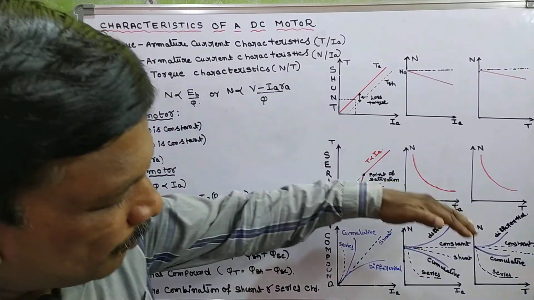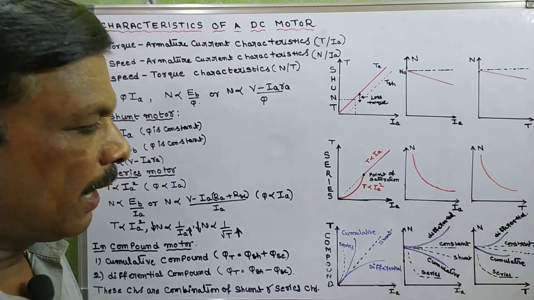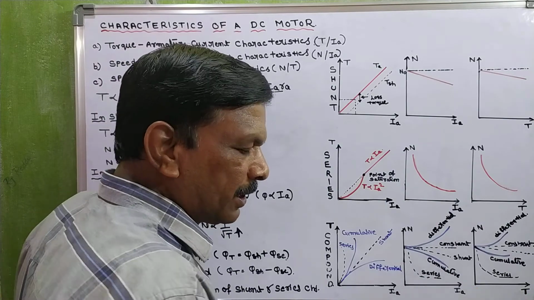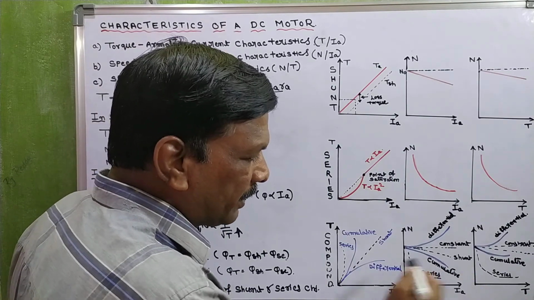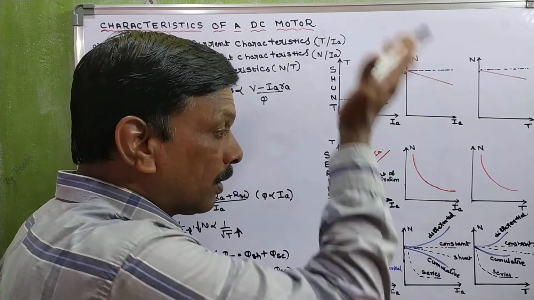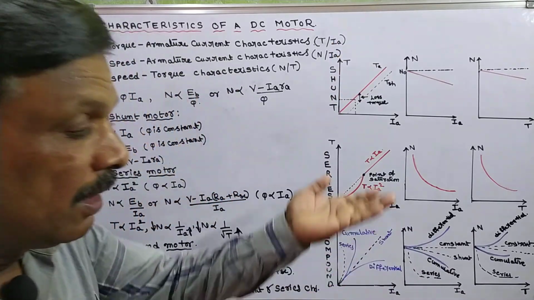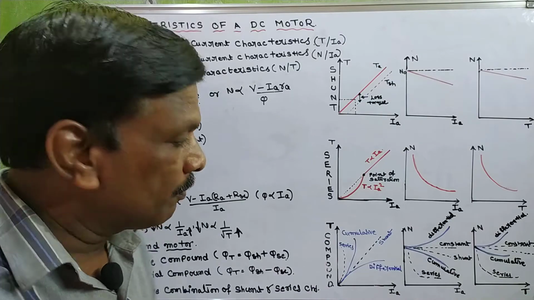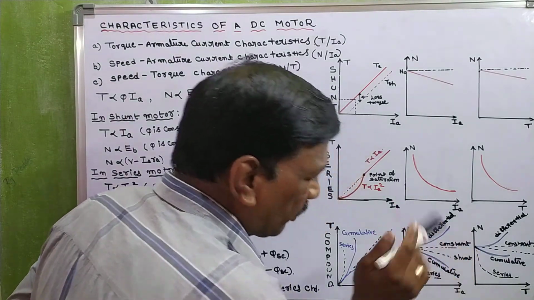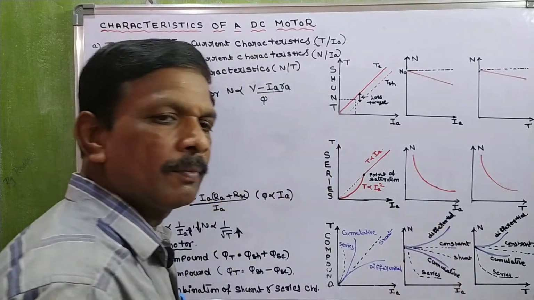And when load increases and armature current increases, in differential the speed will rise, or the speed will increase. So this is the differential curve, which increases.